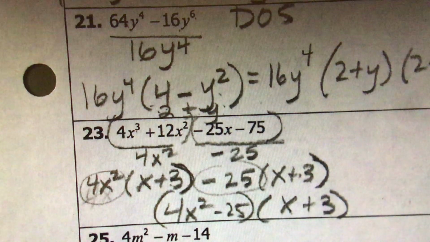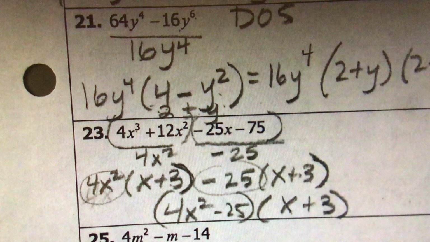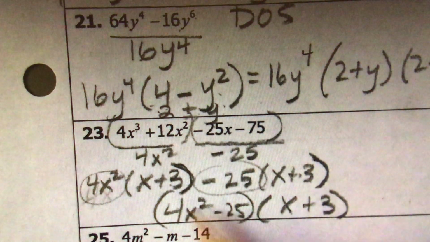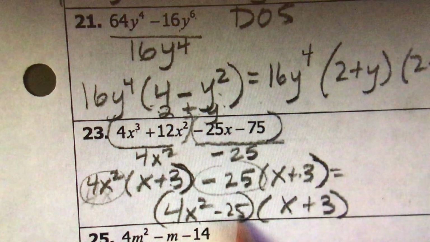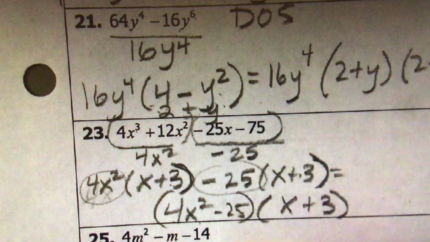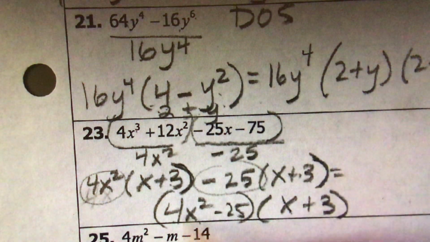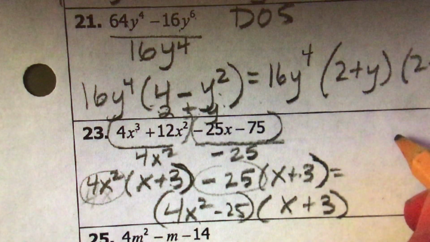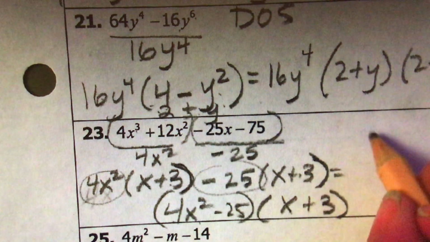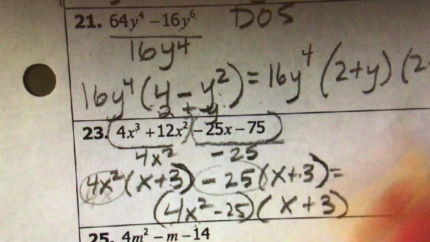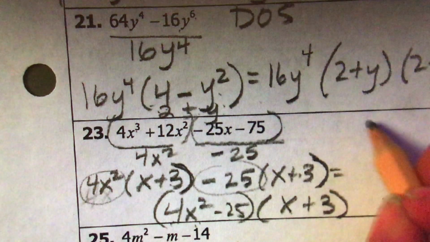You know what makes this interesting? Some of you might be sensing. This is a difference of squares. Isn't that cool? I could actually rewrite this again. I wish I had more room. I am going to write this over here. If I 4x squared minus 25, well, guess what that means?